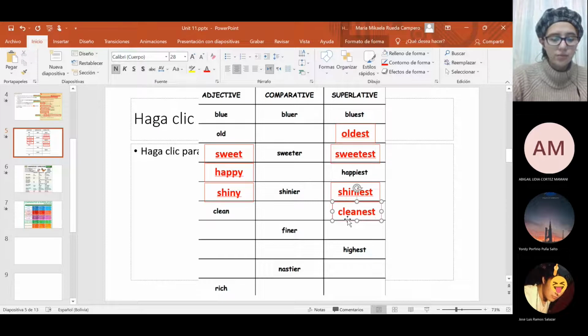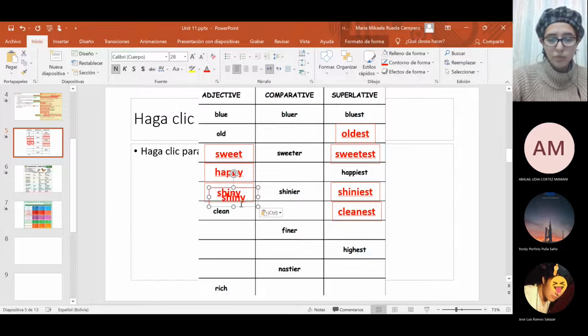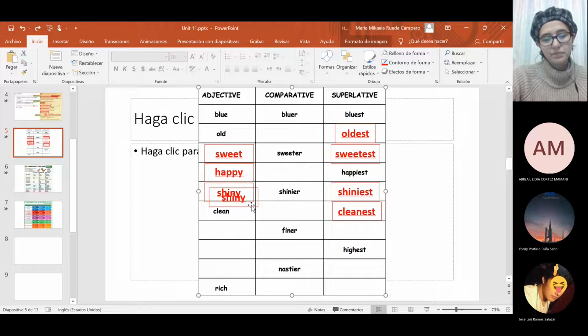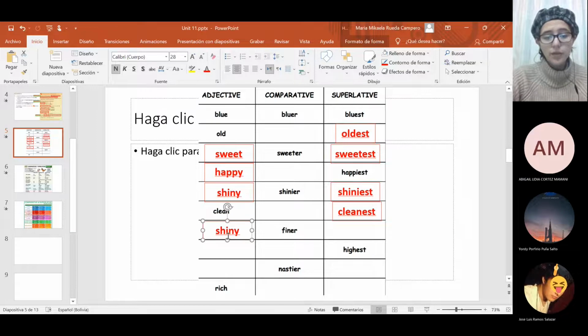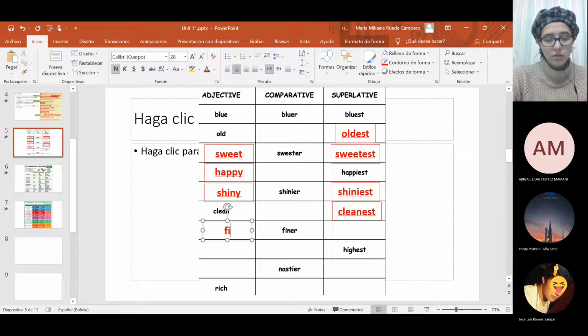What will be the adjective? If we only have the comparative form finer. Fine. Yes, so the superlative? Finest.